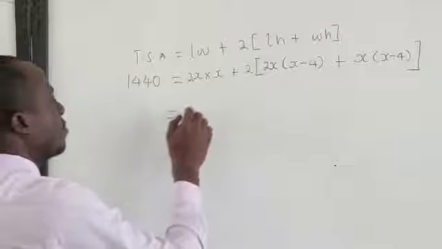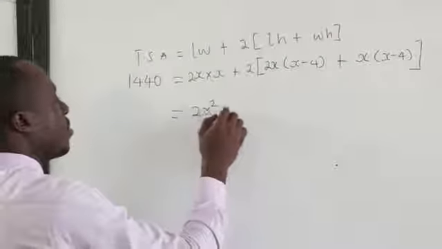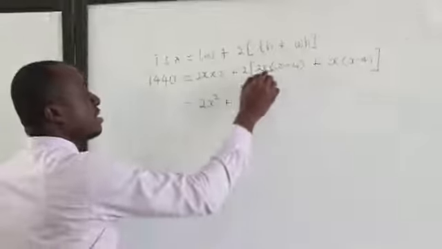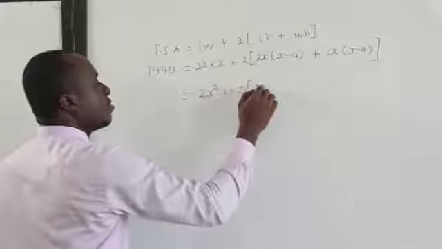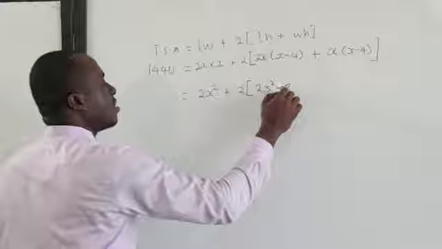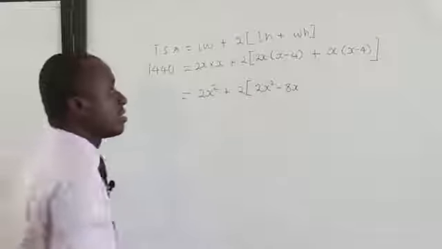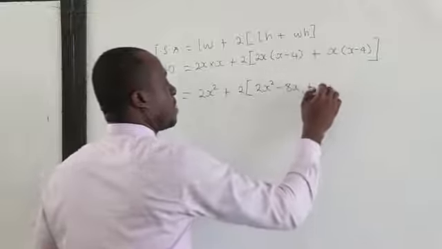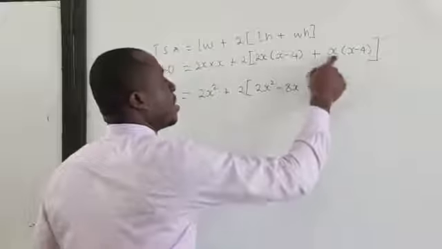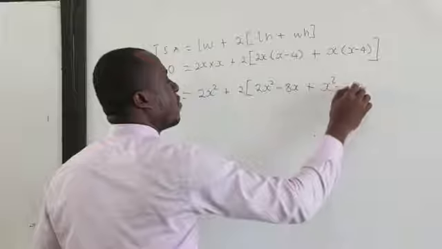Now, this becomes 2x squared plus 2. Now, let's expand. This will be 2x squared minus 8x, 2x times 4, that is 8x, plus x times x, that is x squared, x times this, that is negative 4x.